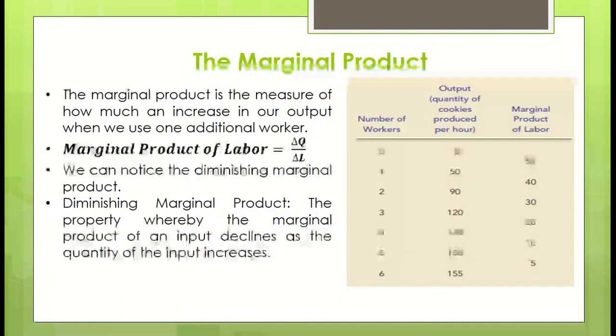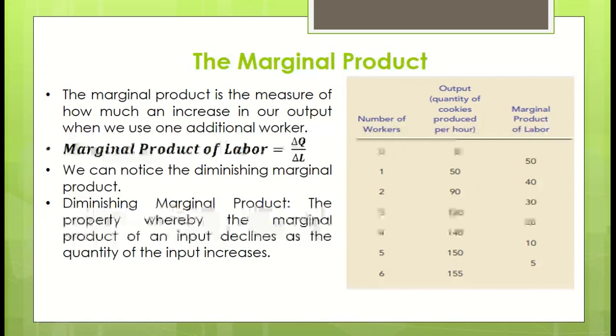Now comes the marginal product. If one more worker is hired, then the output rises by the marginal product of labor. The marginal product of any input, in this case labor, is the increase in output arising from an additional unit of that input, holding all other inputs constant, that is land and capital are constant here.